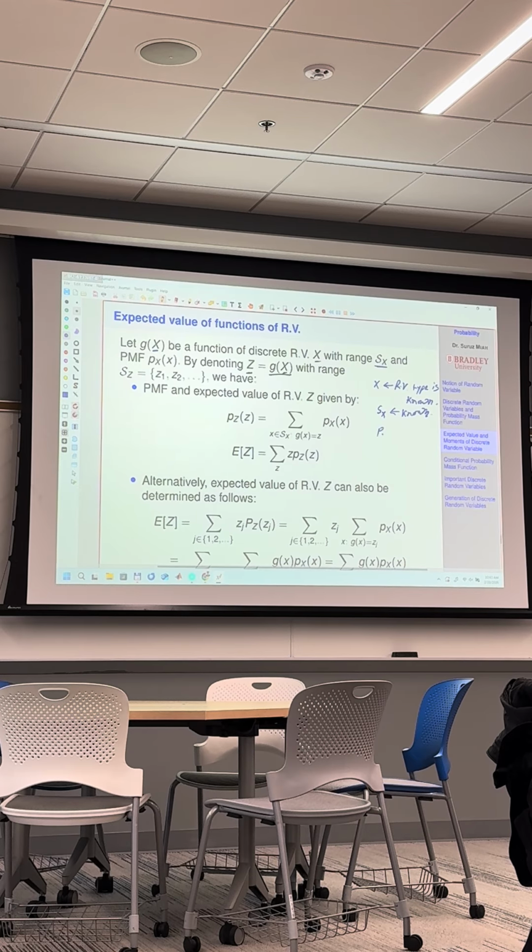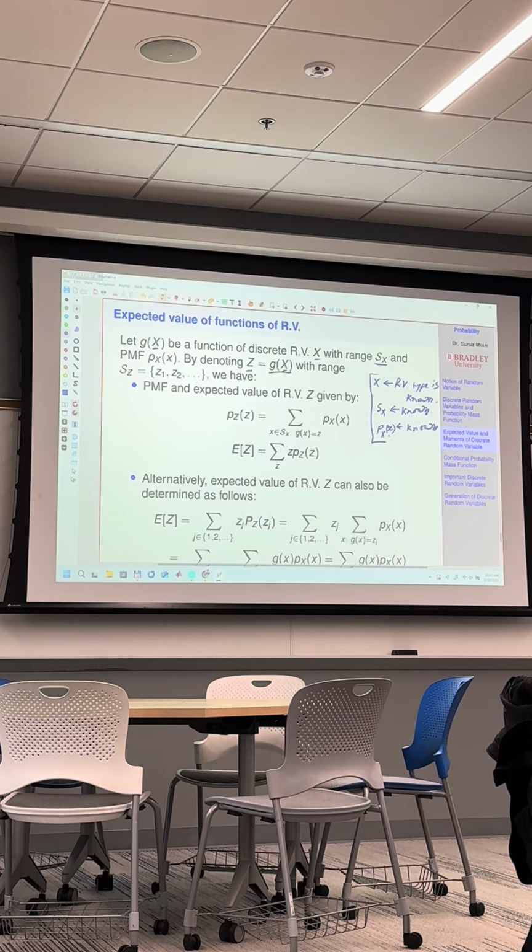And the PMF of random variable X taking value x is known. So these quantities are known. Given this, and also the other important thing, g of x, this function is also known.